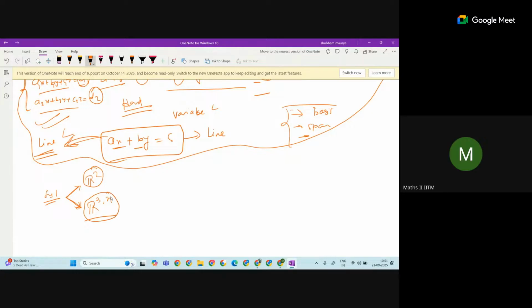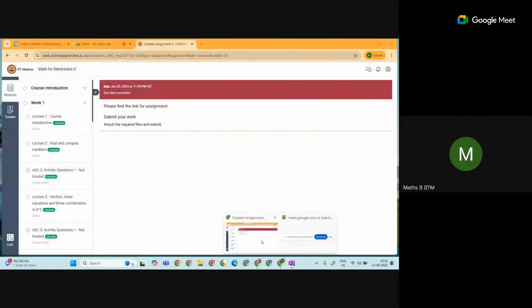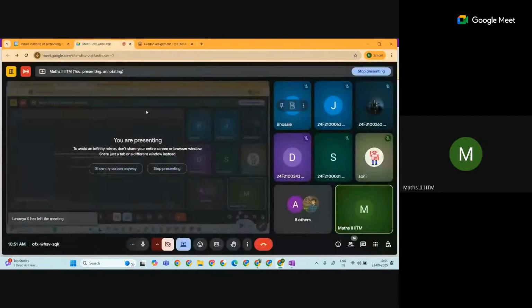Same concepts, I mean exactly the same. Whatever the meaning of the word basis in R2, that same meaning is going to be for R3, R4, or Rn.